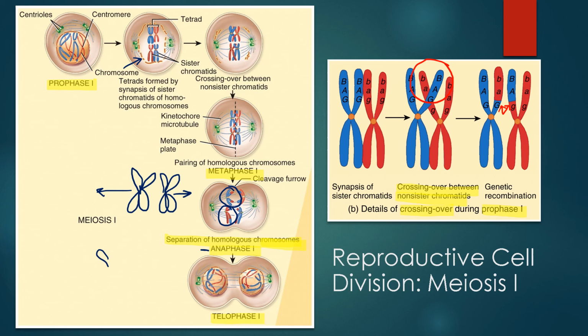Instead, in mitosis, we would have this chromatid get pulled that way and this way. So anaphase is a little bit different between meiosis 1 and mitosis, even though they both occur in anaphase.